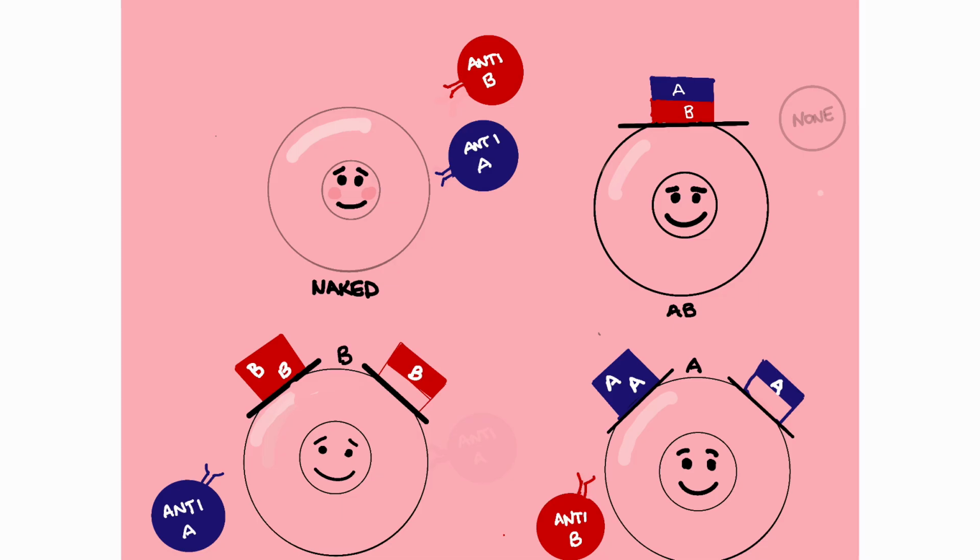Type B has antibodies to type A, and type A has antibodies to type B. So far, so good. The rest is going to build on these concepts. So if you didn't quite catch this, re-listen. It'll be important.